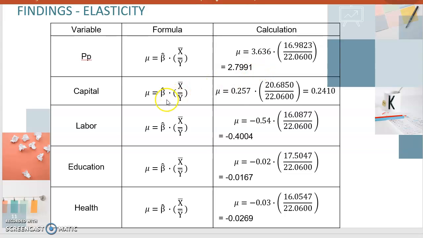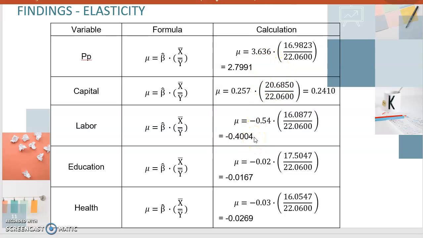And then when we take a look at the capital, it also shows a positive relationship between capital and real GDP. So for every 0.257% increase in the gross fixed capital formation will increase 0.241% of real GDP. Okay, now here it is different from these two variables.